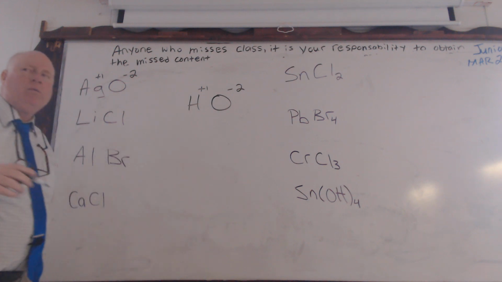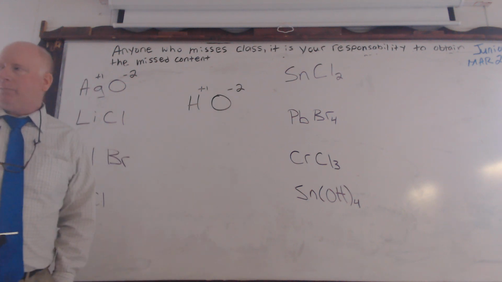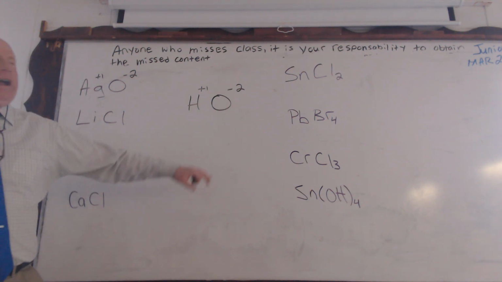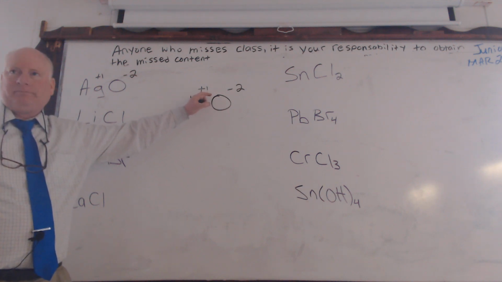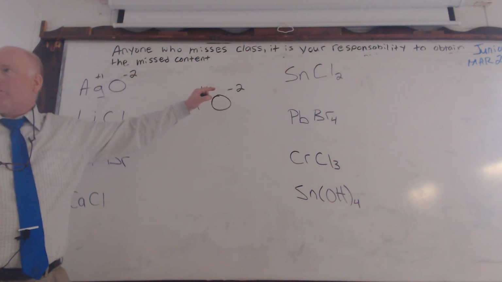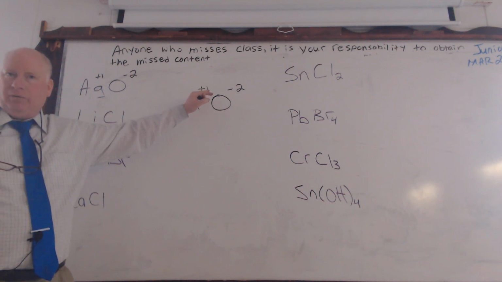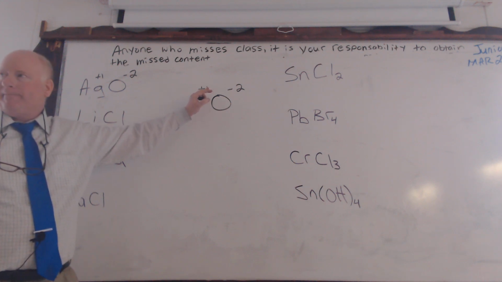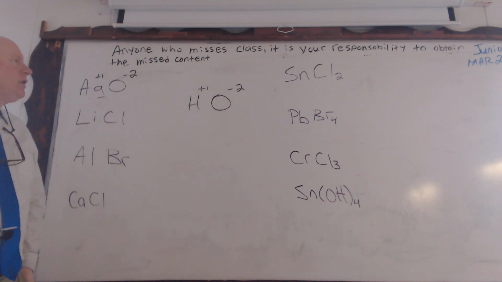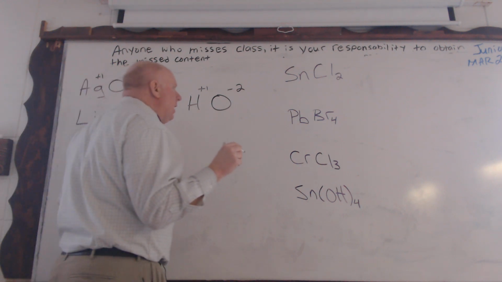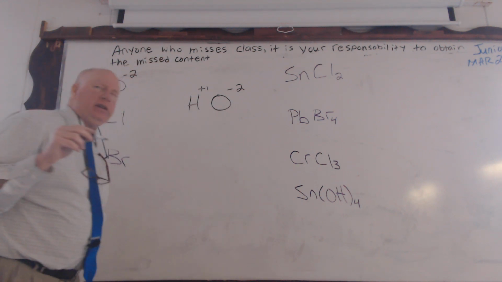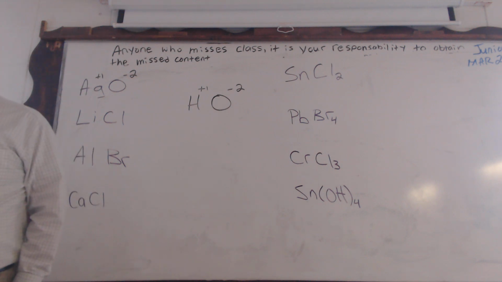Well, remember, we want the charges to add up to 0. Because right now we've got a deficit of -1. If you add those two numbers together, you would get -1, right? Okay? So we divide by the least common multiple, not the least common factor. Least common factor is 1.